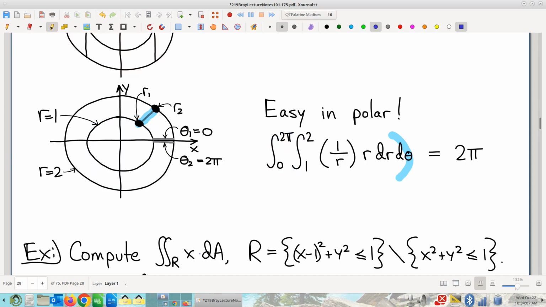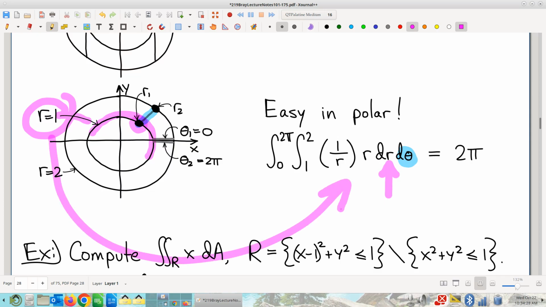Now, for a given value of theta, let's just fix a value of theta and ask, okay, where does r start? Well, r is going to start at that point, which is on this curve, which has that equation given. I need to solve for r in that equation, and that's pretty easy to do. r is 1. So, lower bound, nothing to it.